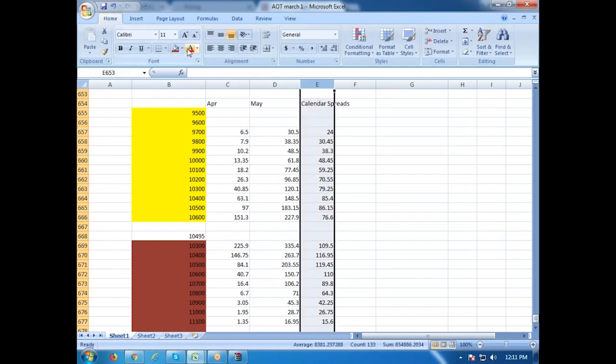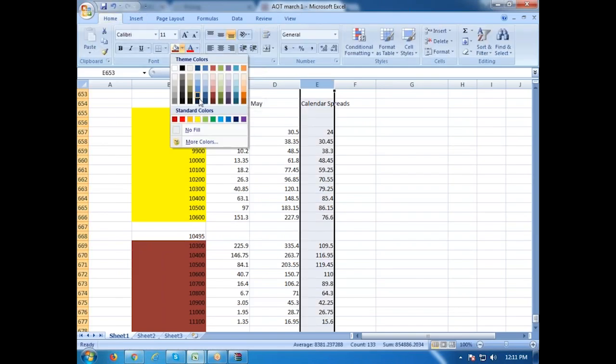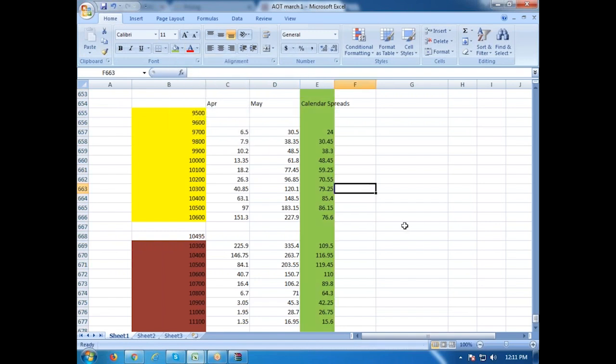This is your calendar spreads. Now some observations. आप एक बार इस प्राइसेस को एक बार ठीक से देख लीजिए.